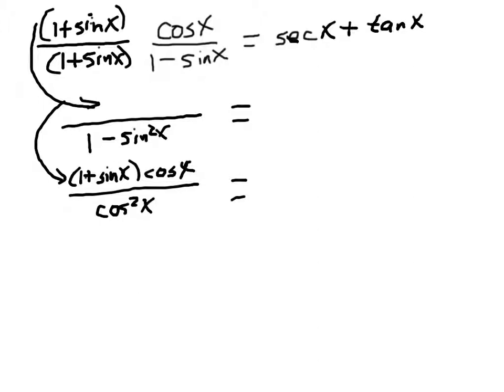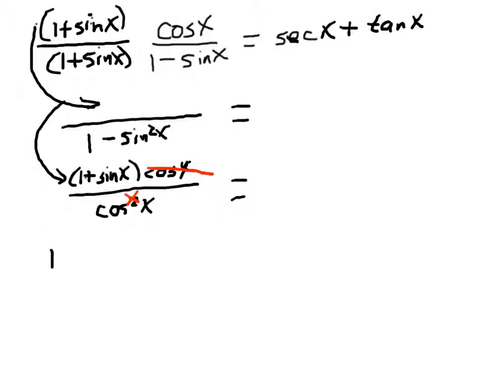Now, at this point, I see I can cancel out this cosine x, cancels out one of those. And what I'm left with on the left hand side is the ability to go back in, and since I just have a single factor in my denominator, I can write this as a sum of two fractions.